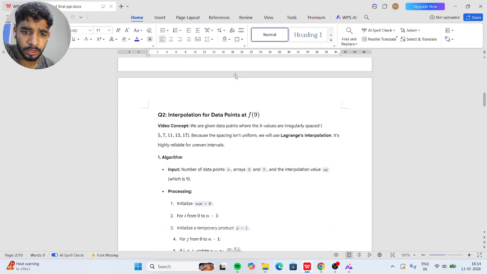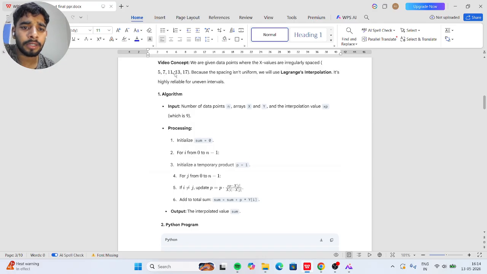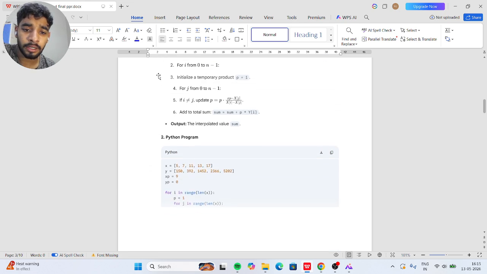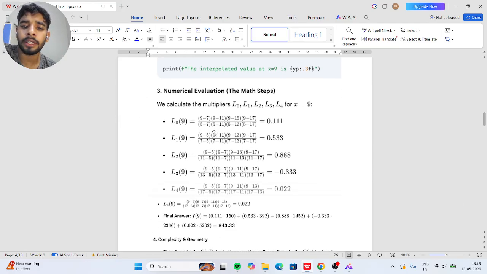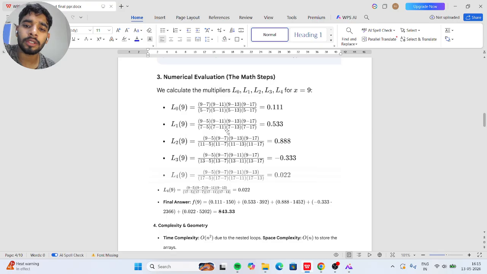If you see the question, 7, 11, 13 and 17 are used for F0, but 5 is not used, and in the denominator all the other elements get subtracted from 5. This is the basic Lagrange concept which we have followed here.